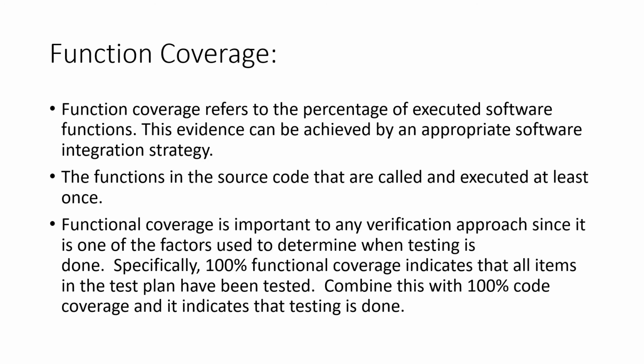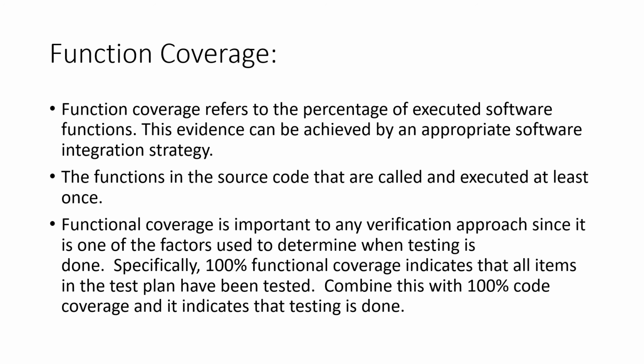Function coverage refers to the percentage of executed software functions. This evidence can be achieved by an appropriate software integration strategy. These are the functions in the source code that are called and executed at least once. If you execute all the functions at least once, then the coverage is 100%. If you are able to execute only a part of them, then the function coverage percentage will decrease accordingly.